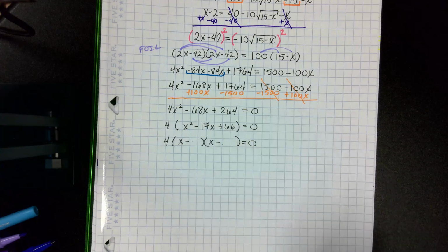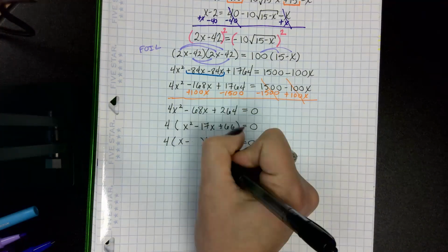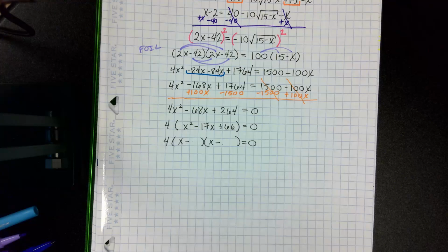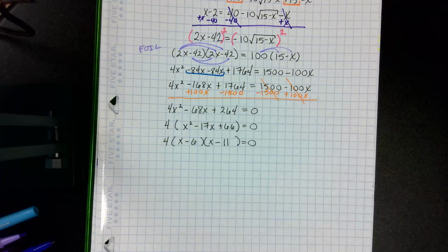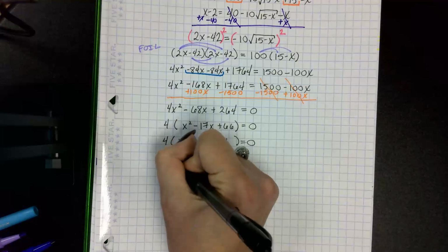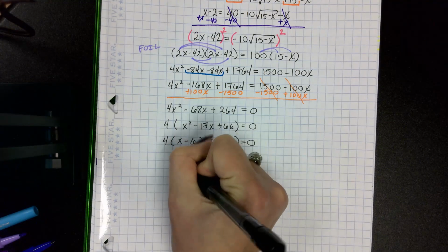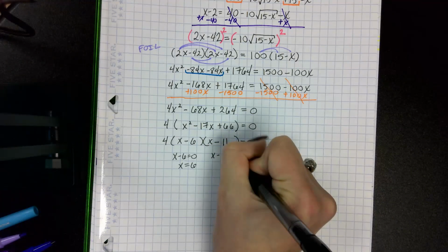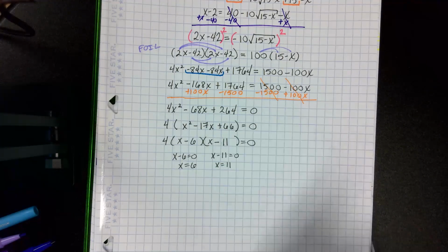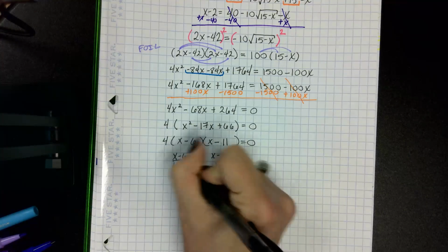Yes, 11 times 6 is 66, and negative 11 minus 6 is negative 17. So I factored it. So x minus 6 equals 0, so x equals 6. X minus 11 equals 0, so x equals 11. There's my 2 solutions.